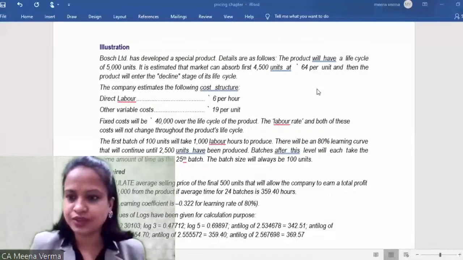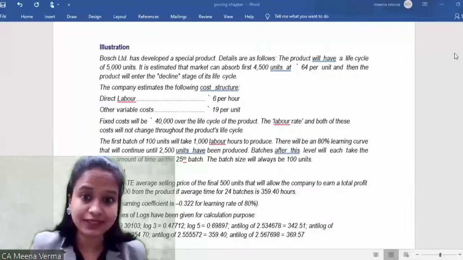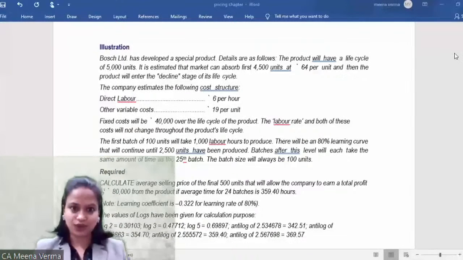Quickly read this question and let me know if you have finished reading it.